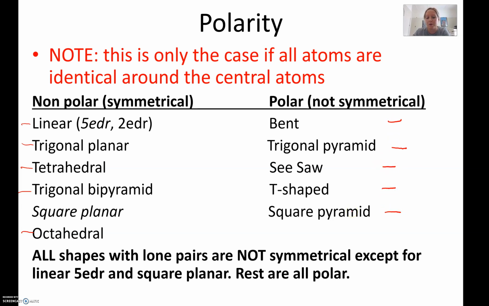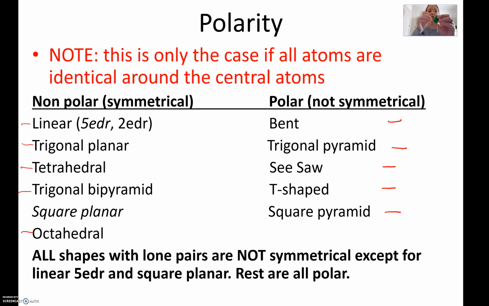Now, hopefully what you're thinking is, well, hang on a second, Miss Sutton, two of the shapes you've put in the non-polar symmetrical column have lone pairs, and that's correct. One of the shapes that is an exception to the rule is if this was your trigonal bipyramid shape, so 1 up, 1 down, and 3 in the middle.